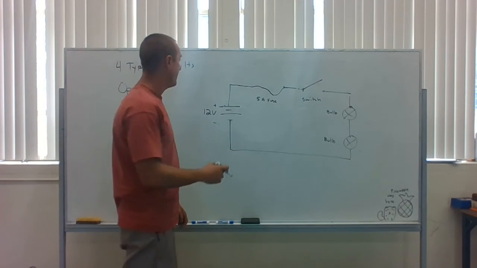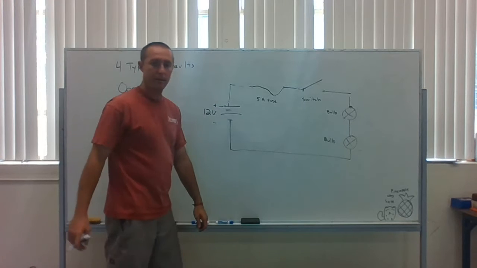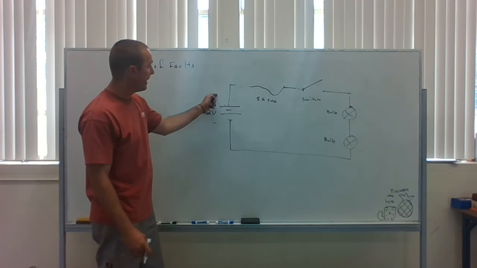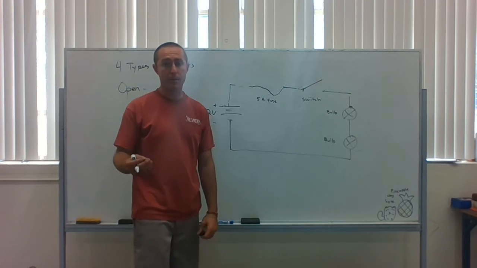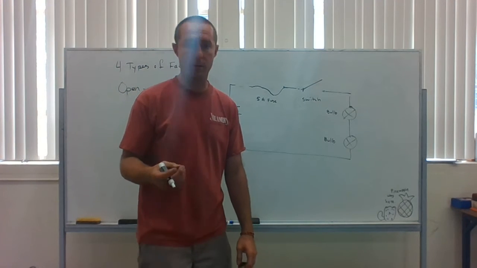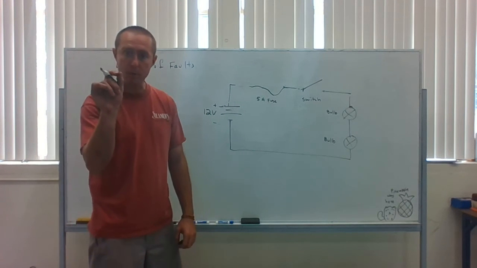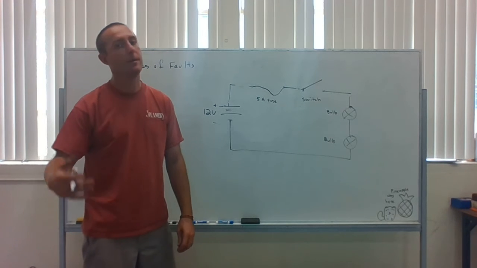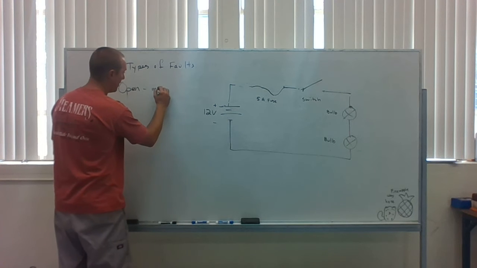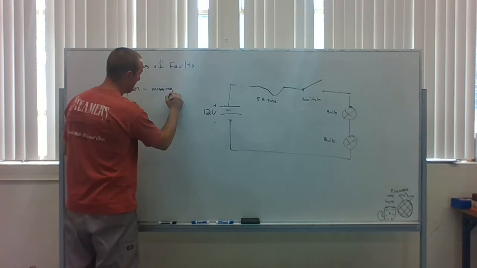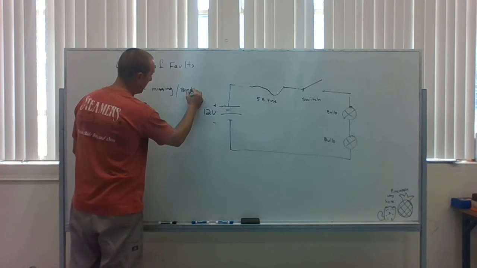There's nothing there. That wire broke right there. I cannot get voltage to the other side of that. This is probably the most common fault that you'll see. A wire came loose from a connection, fell off. Boom, we have an open circuit. So, missing or broken wire.